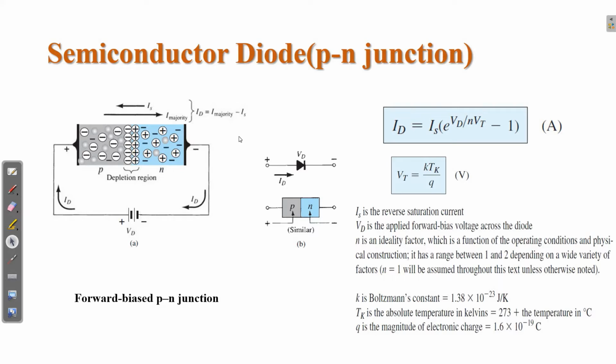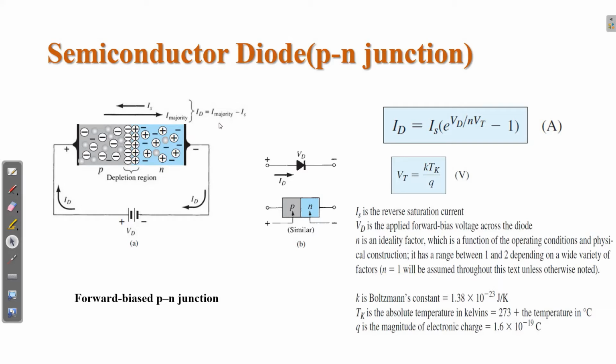And we saw that in the forward bias, that is when the VD is positive, the ID is mostly contributed by the majority charge carriers, and so the net ID current is from P to N side of the semiconductor diode. That is the direction of the net current ID in the case of forward bias.